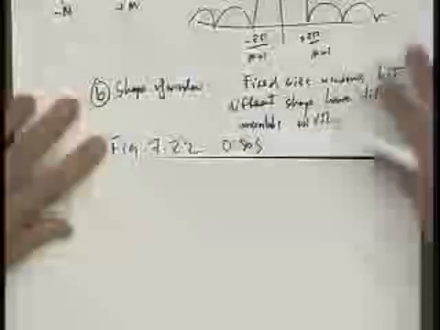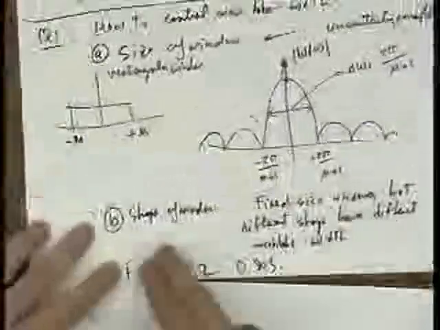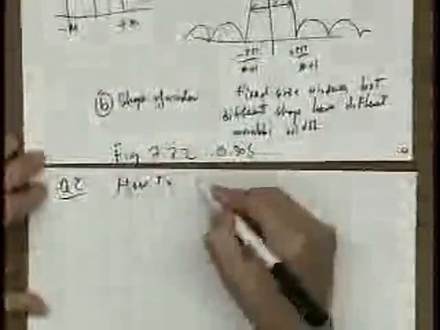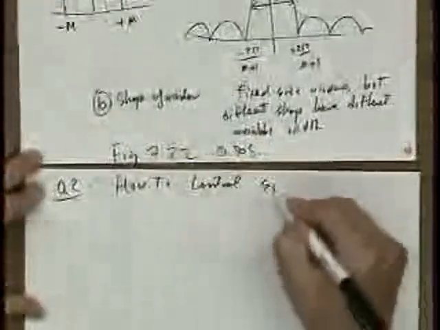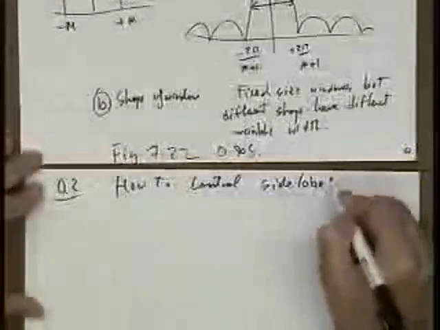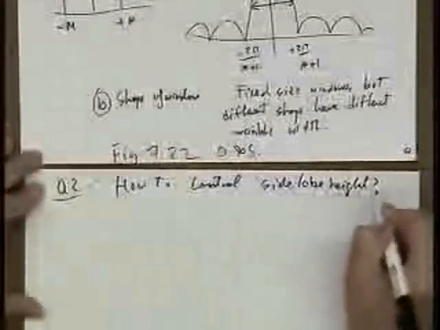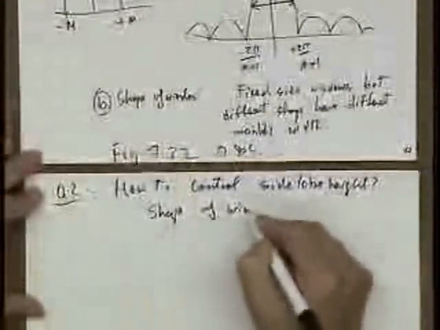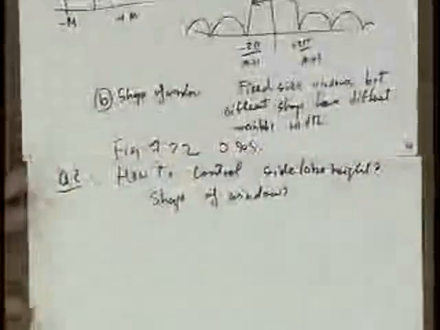Okay, so that answers our question 1, and question 2, which we already sort of answered, is how to control the side lobe height, and the answer is primarily through shape. It's through the shape of the window. It turns out that changing the duration doesn't affect the height of the side lobe that much.